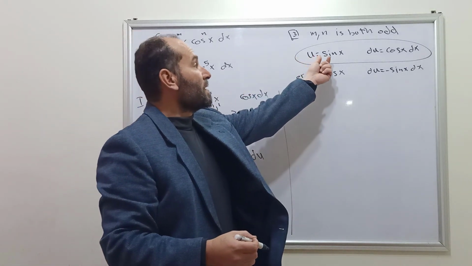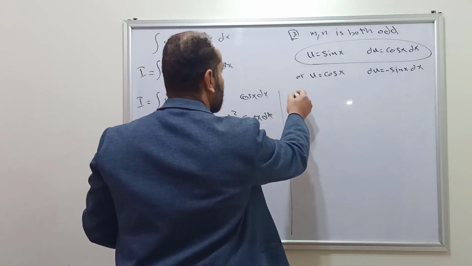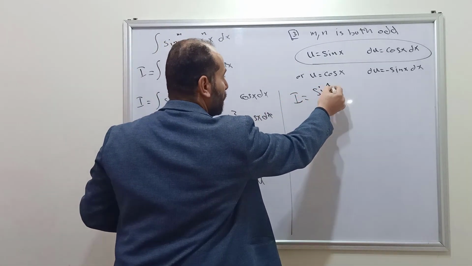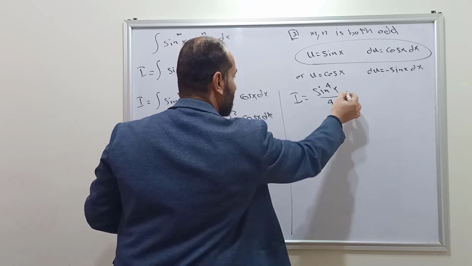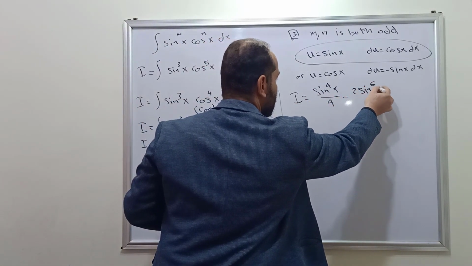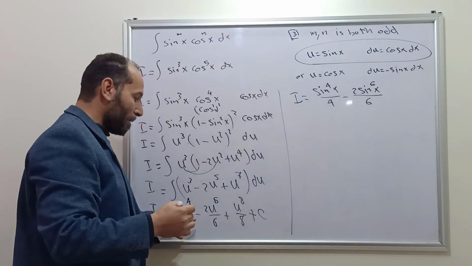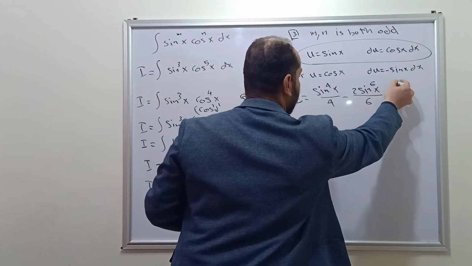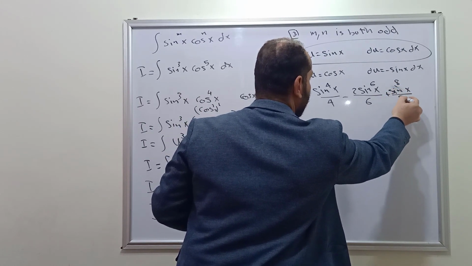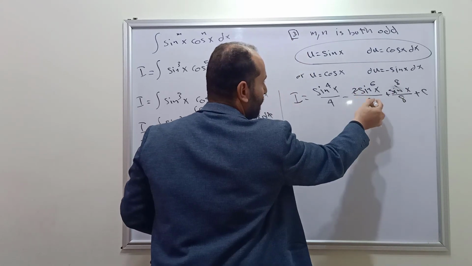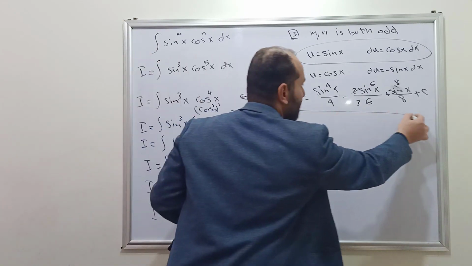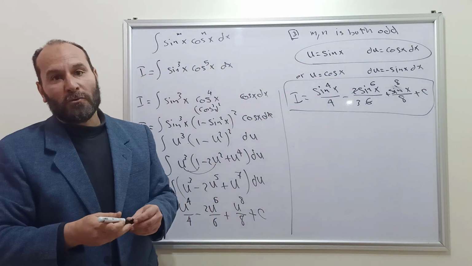We put sine x instead of u, so the integration equals sine power 4 x over 4 minus 2 sine power 6 x over 6 plus sine power 8 x over 8 plus c. We can omit the 2 and 3 simplification, and this is the value of the integration.